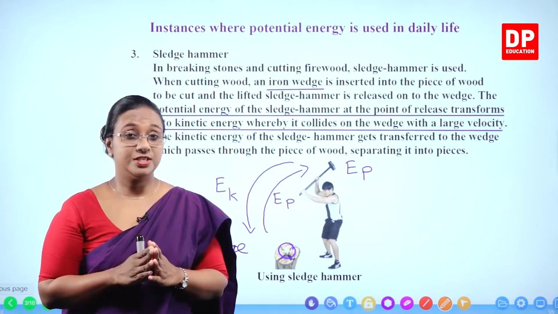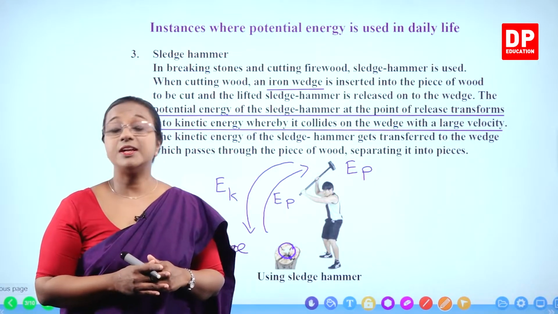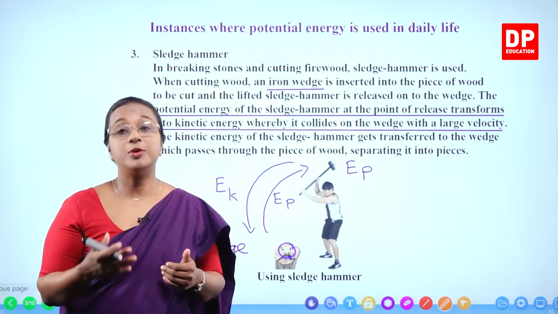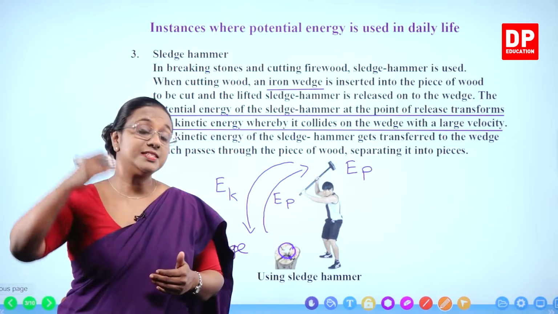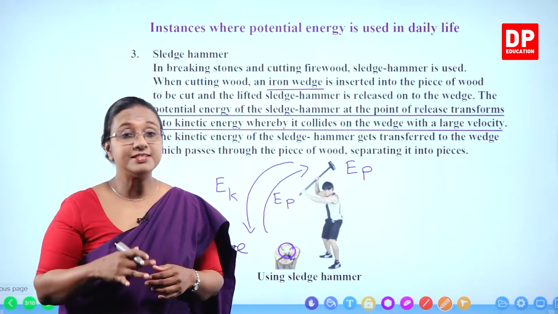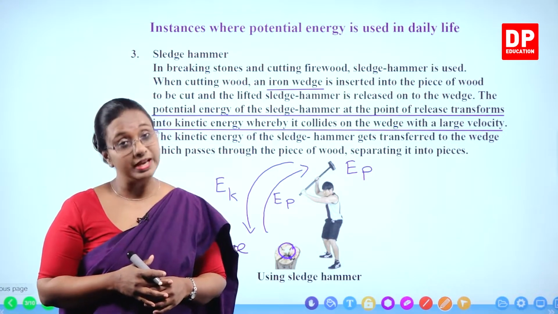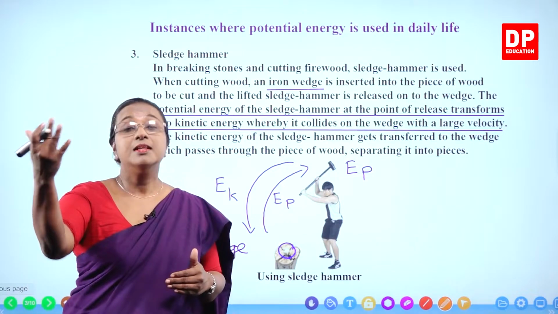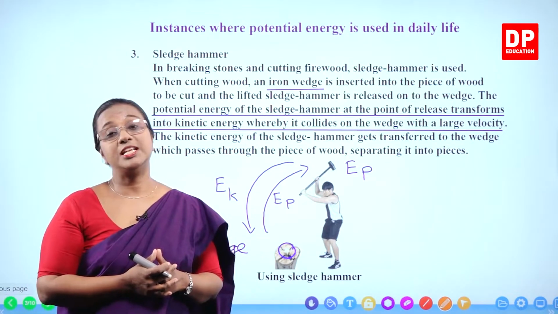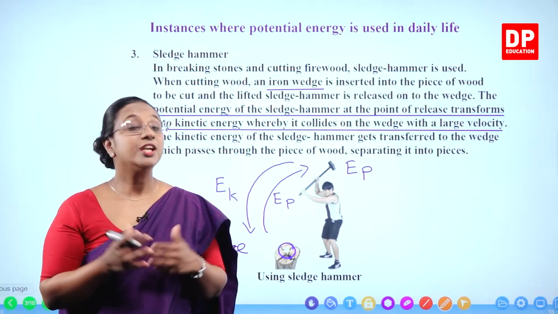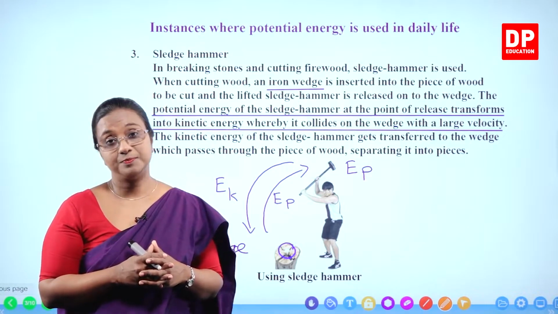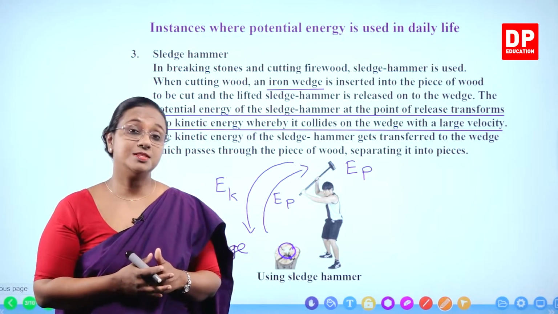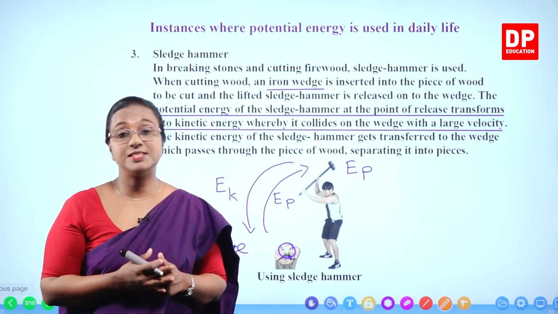So like this, students, you all can think of many different examples where we use potential energy, where we raise things to a height and release them so that we can gain more energy. And other instances where objects get potential energy and kinetic energy. Can you all think of another example? Now we have discussed this before also in one of your previous lessons.